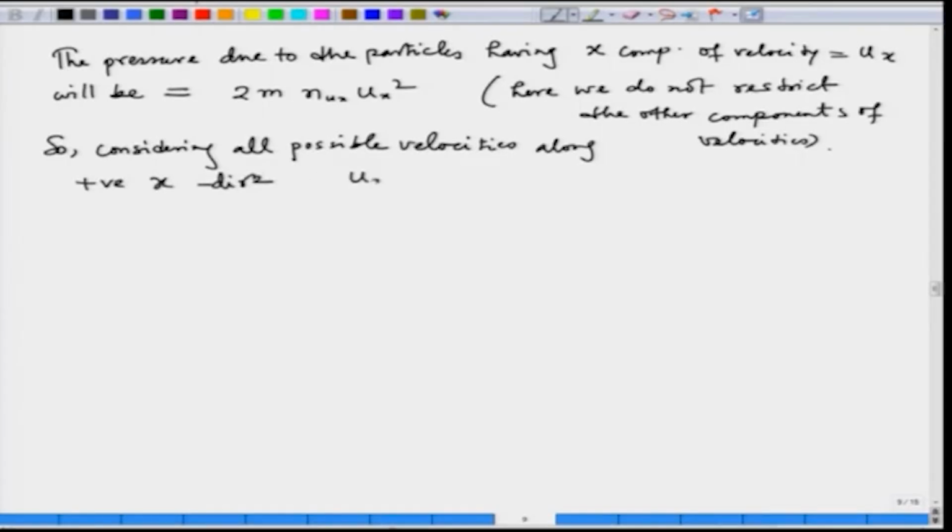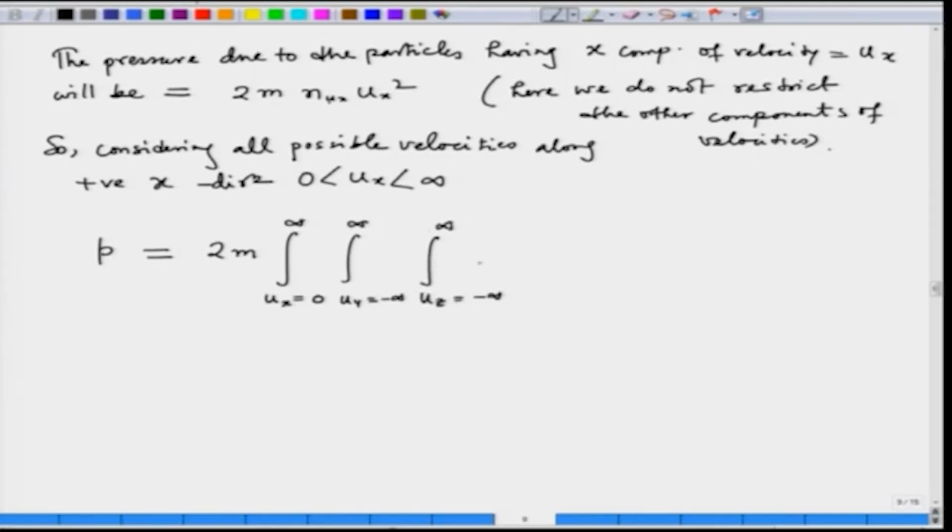That means the range should be 0 to positive infinity. We finally have our P equal to 2m integration, ux from 0 to infinity, uy from minus infinity to infinity, uz from minus infinity to infinity, f of ux uy uz, ux whole square, dux duy and duz.